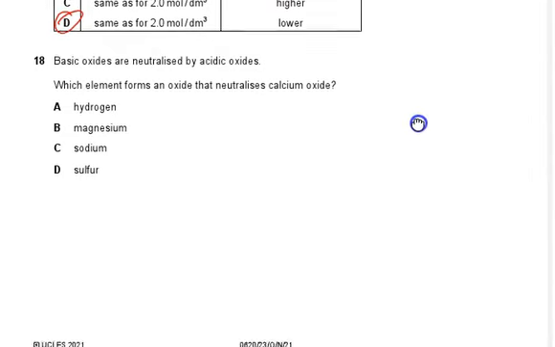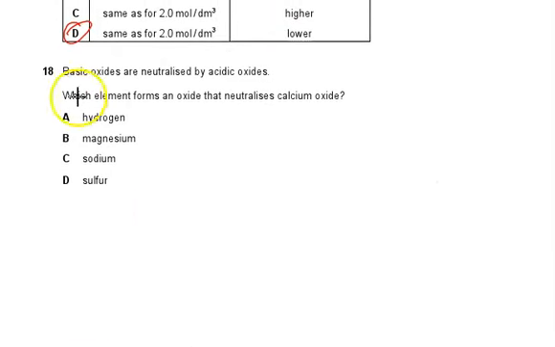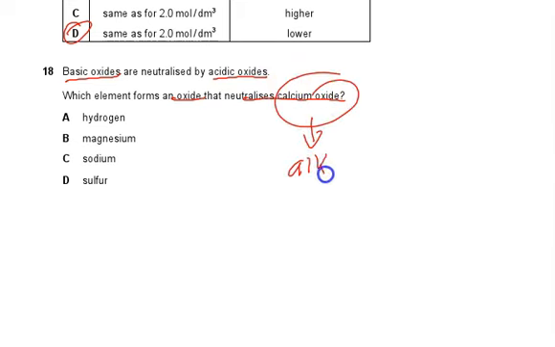Okay, number 18. Basic oxides are neutralized by acidic oxides. Which element forms an oxide that neutralizes calcium oxide? So calcium oxide is a group 2 oxide, right? So this is an alkali. So we need something to do with acidic.